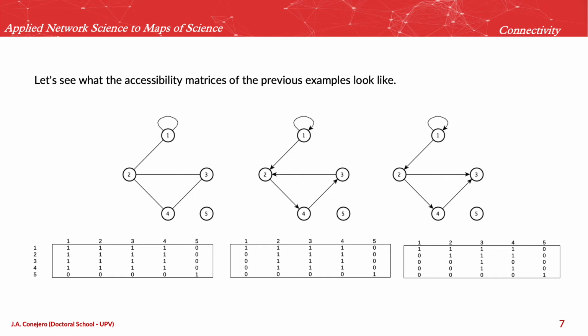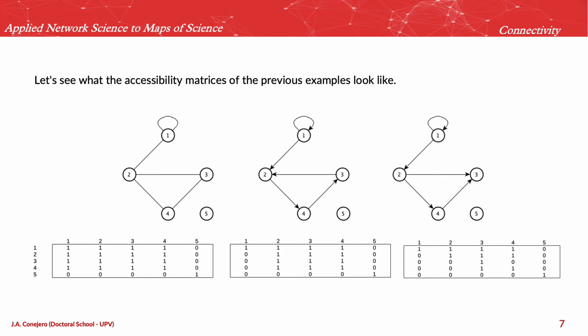So the block with the first 4 nodes is filled with ones. And since 5 is isolated and cannot be reached from the others, and neither from 5 can we go to the others, 5 can be reached just by itself.